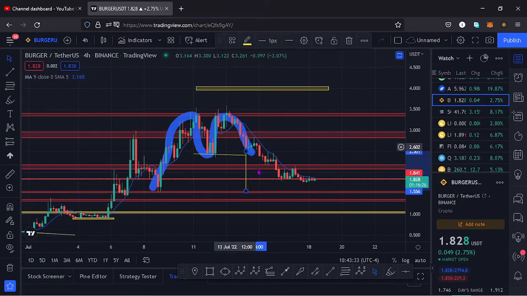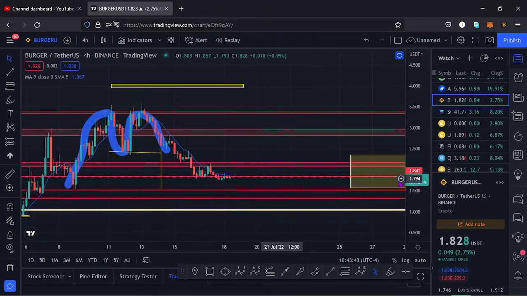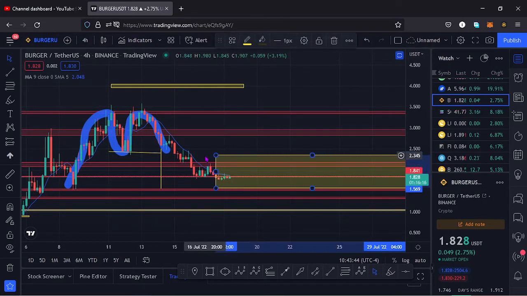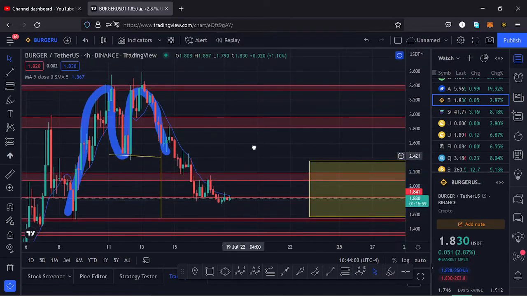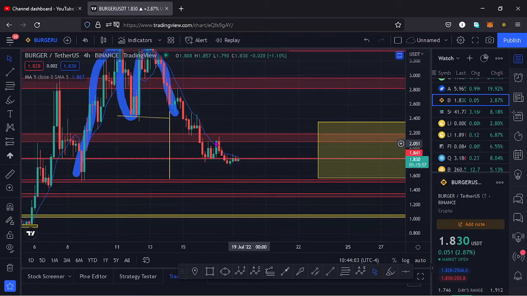And that breakout to the lower side should take us to around the $1.55 mark, which perfectly coincides with the yellow target that I have drawn out here using the Fibonacci's. So it's possible that within this area right here, that is between the Fib level 0.382 and the Fib level 0.5, we are finding that reversal to the upper side, and that brings me to the very first key scenario that I expect to play out here.